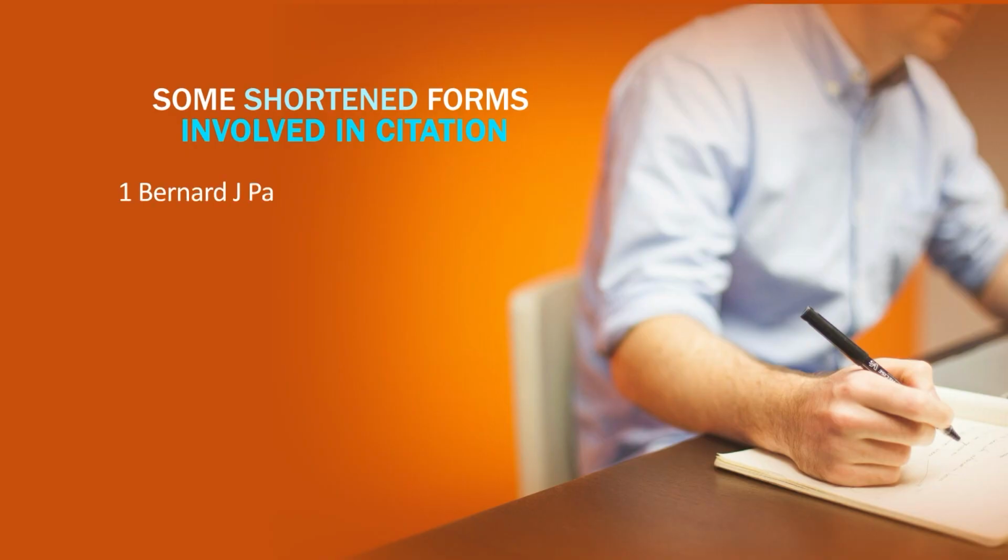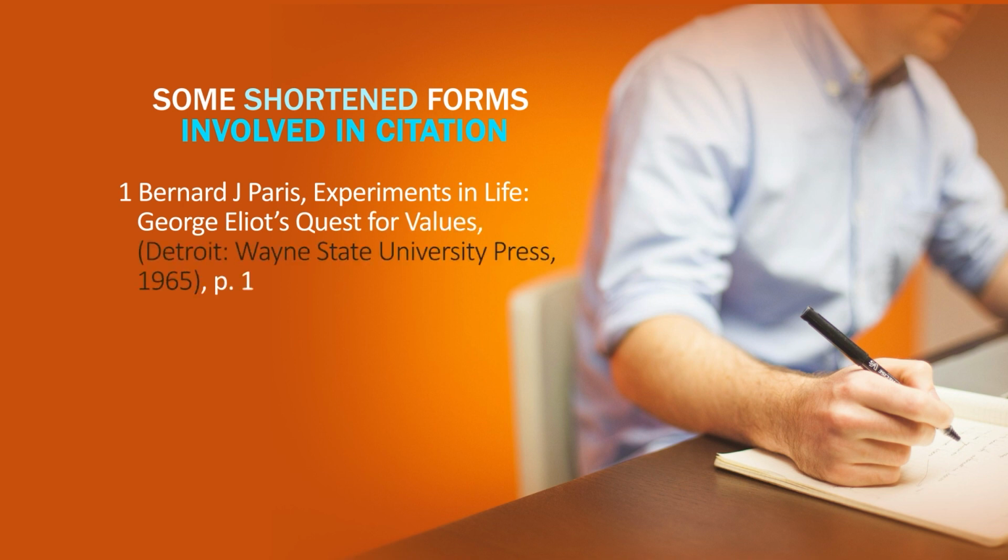As you can see in the example, the passage you have quoted or the line you have referred to in the text is from Bernard J. Paris, Experiments in Life, and the full title and the subtitle of his work, separated by a colon, and the publishing details.